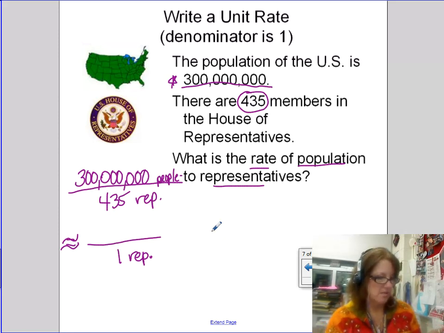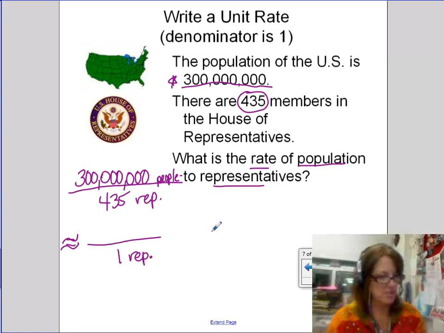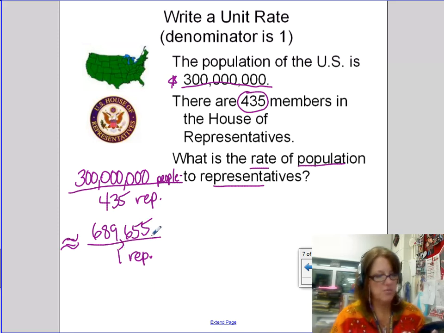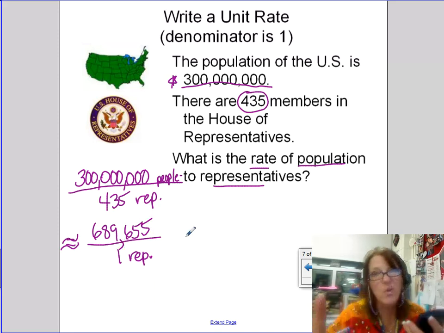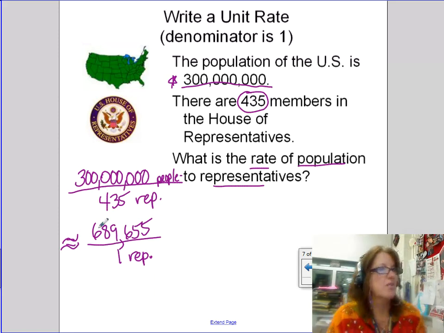Divided by 435. Now I don't know about you, but I get this big old decimal here, and I'm going to have to write it down. It goes 6, 8, 9, 6, 5, 5, and then I get a decimal, like 0.1, and it keeps going. I'm going to round it off because I'm talking about people, and I don't really want to talk about parts of people.